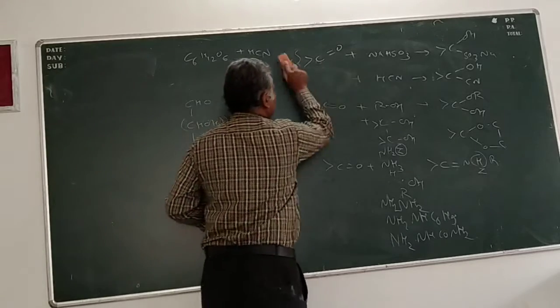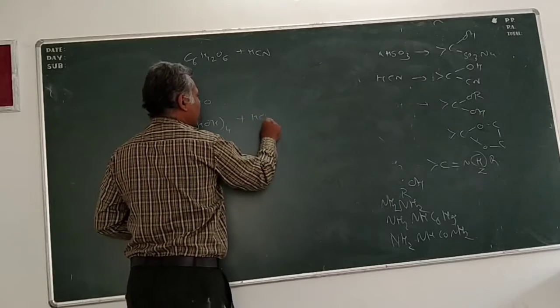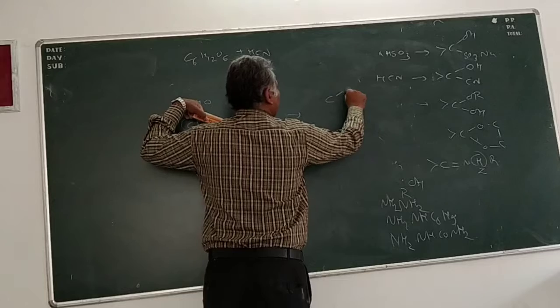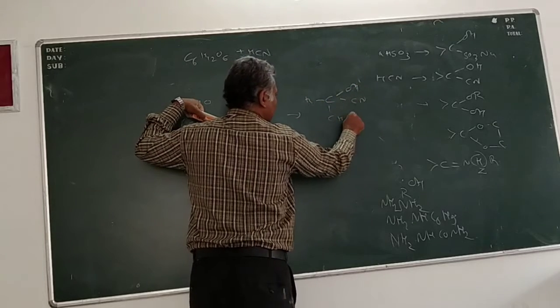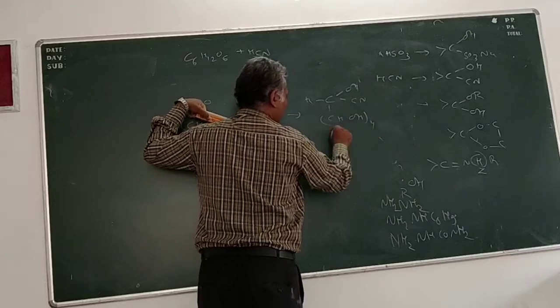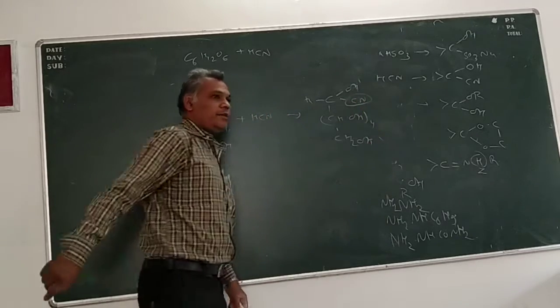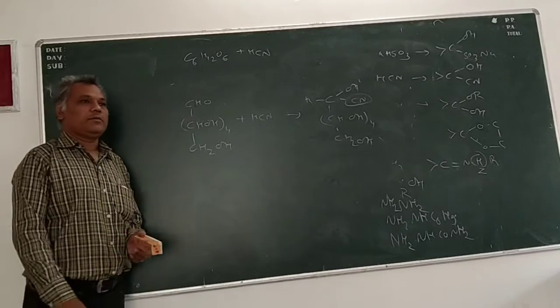Now this reacts with HCN, and it produces OH, CN, H, CH, OH four times, CH2OH, cyanohydrin. It produces cyanohydrin.